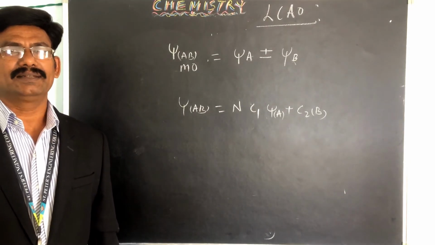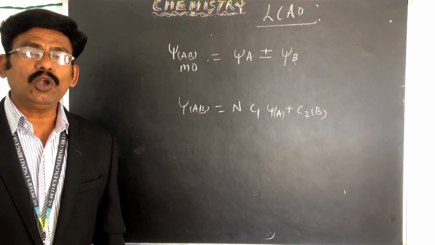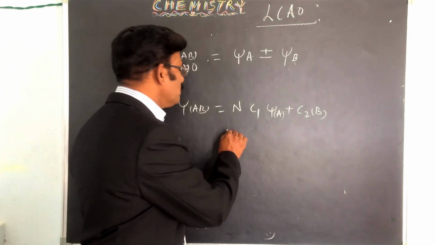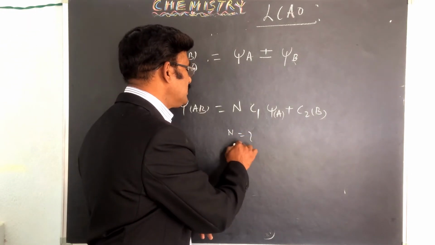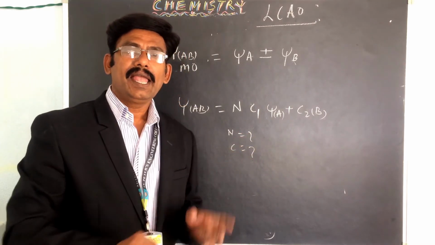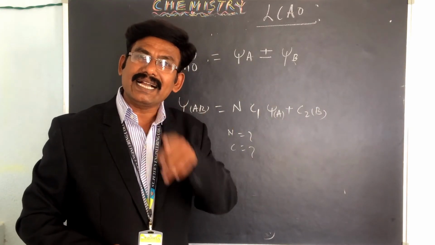What is N, and what is C? N is the normalizing constant.